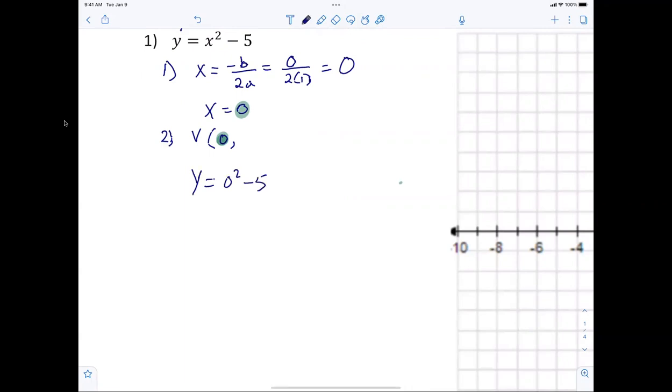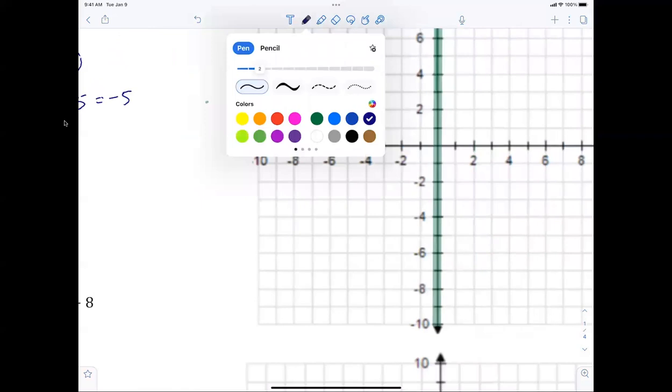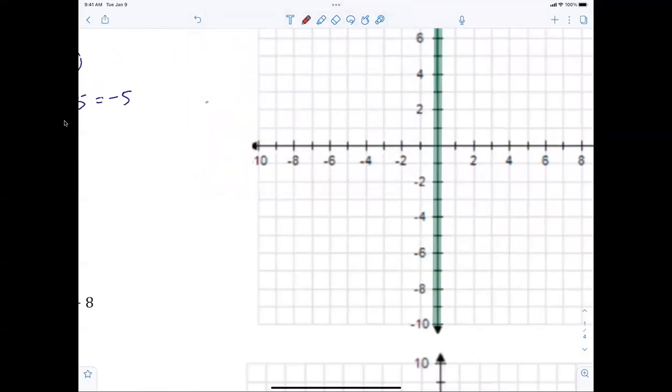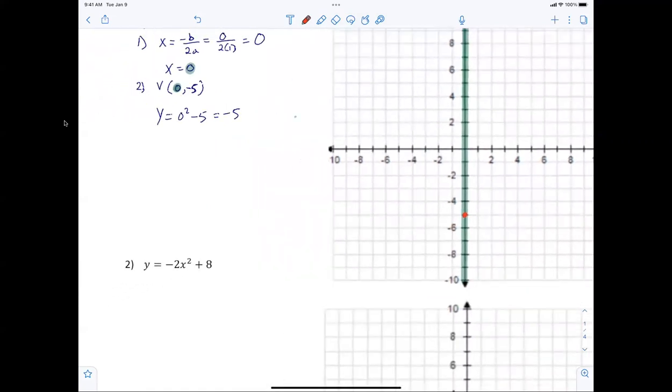What's 0 squared minus 5? Negative 5. So now the vertex is 0, negative 5. So now everybody goes down and graphs 0, negative 5. And there you have the vertex. Again, the vertex will always be on the axis of symmetry.